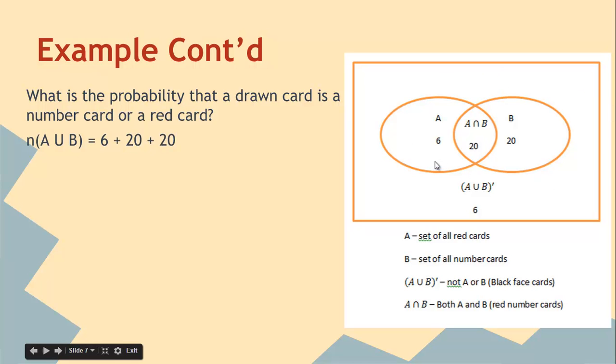Notice how I don't say "and both." Number card or red card implies that category both as well. So just number, just red, and both. It implies that, so I won't say a number card or a red card or both. Although I'm trying to be as clear as possible when I ask questions, it's just implied.